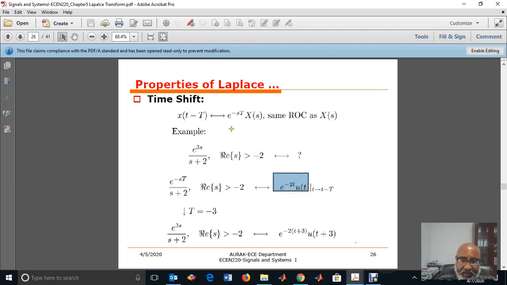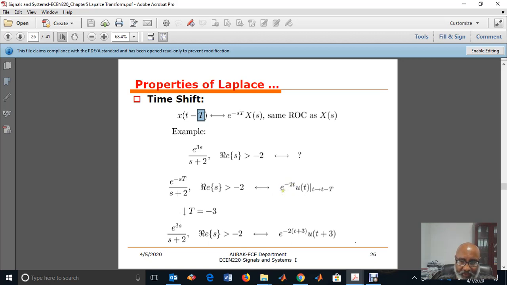Then we determine the amount of delay T. Here from this relation, capital T is minus 3. So that minus minus it will be 3s. So capital T is minus 3. That means the signal, if it is x(t), it will be x(t plus 3).